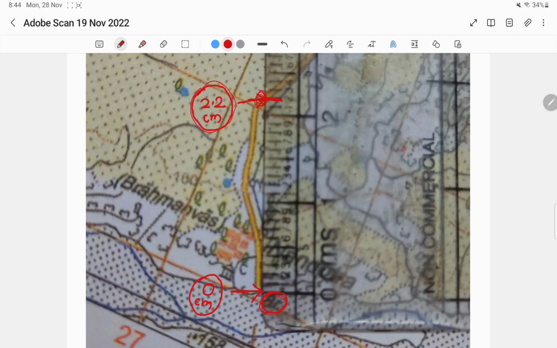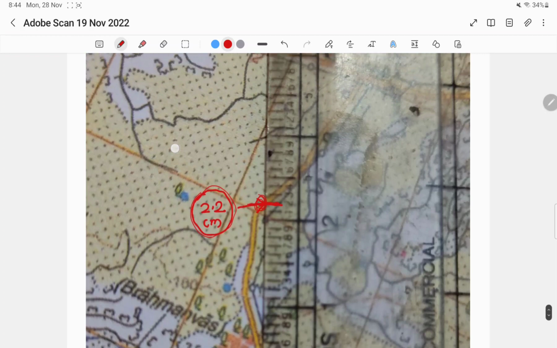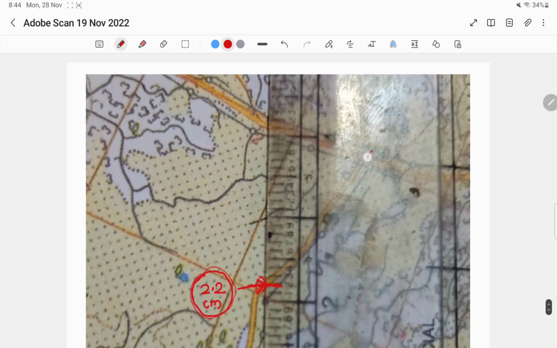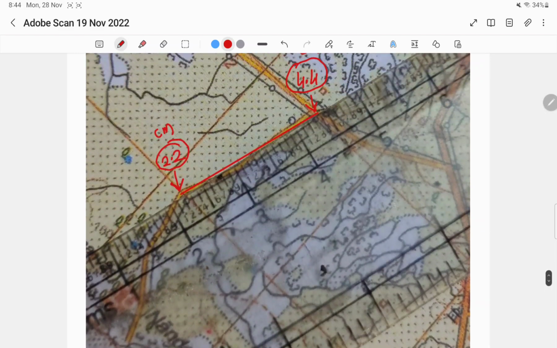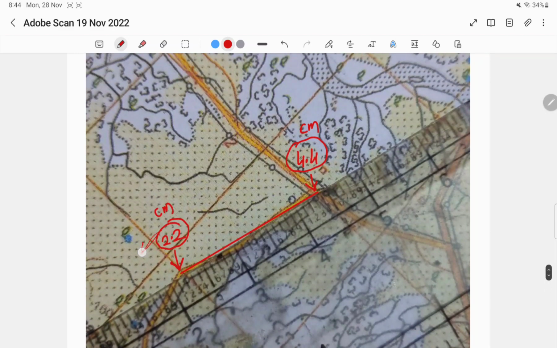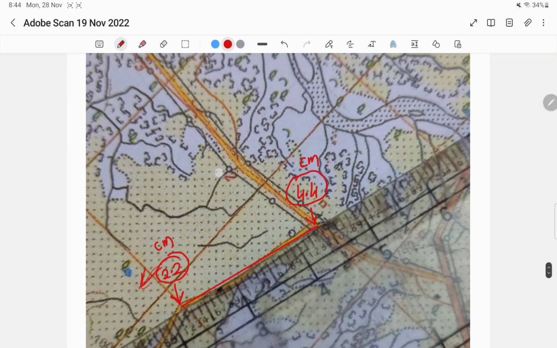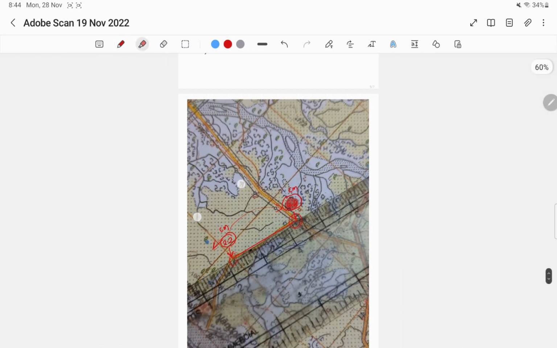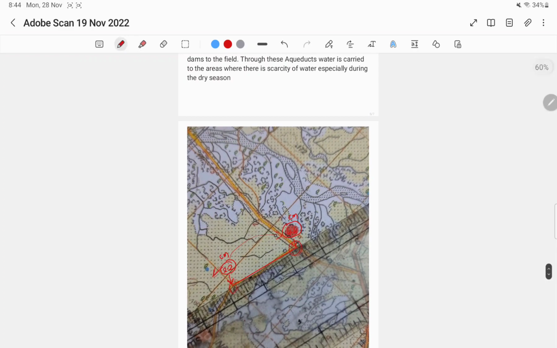So till here it is 2.2 centimeters, and after this we will measure this distance. This will be our second step. We have already measured till 2.2, and after this we put the ruler over here and measure to the end point. That will be from 2.2 till 4.4, so the total distance on the map is 4.4 centimeters.